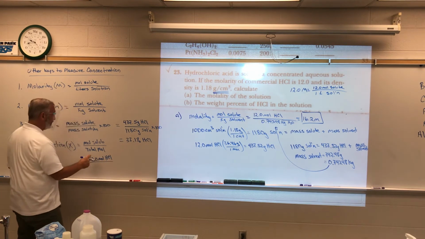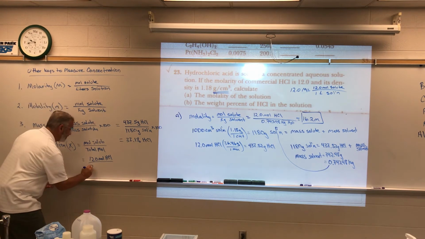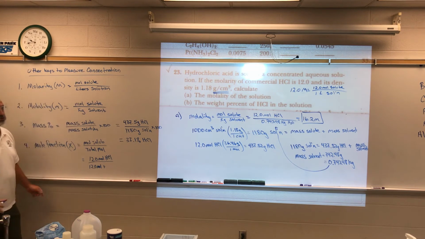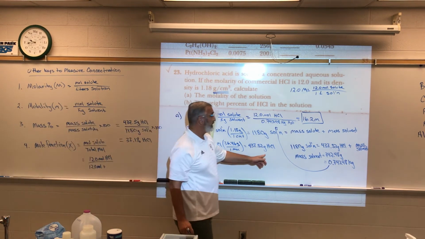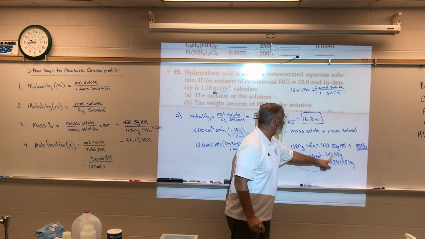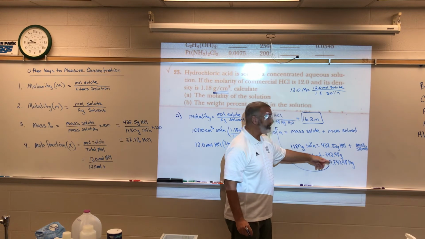Divided by total moles, which is moles of solute and moles of solvent, so it's 12 plus, what do we need to know? The moles of solvent, which is water, which we know to be this many grams. So how do we find out how many moles that is? Just divide by 18.